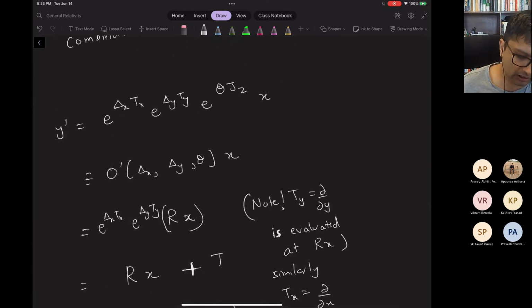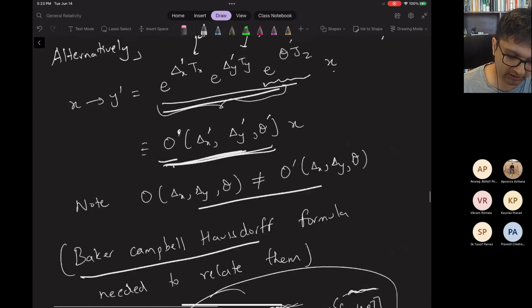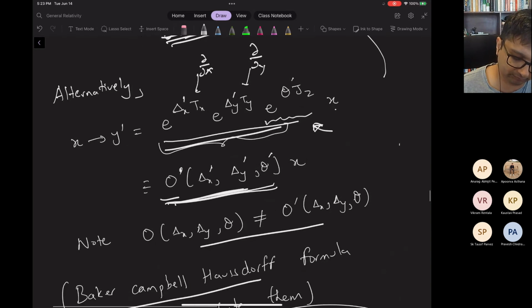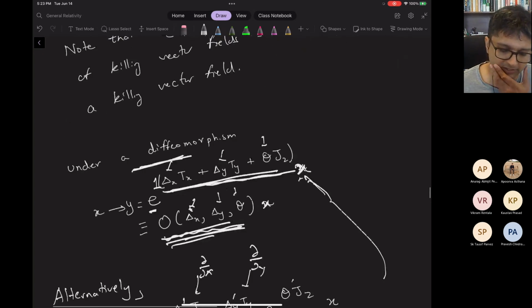So let's imagine that we're trying to do this transformation. We take x prime, which is e raised to delta x tx, e raised to delta y ty, e raised to theta jz, acting on x. So this is our operation using the second technique. Now we can first ask what happens when we do e raised to theta jz acting on x. We've seen that before in a previous class.